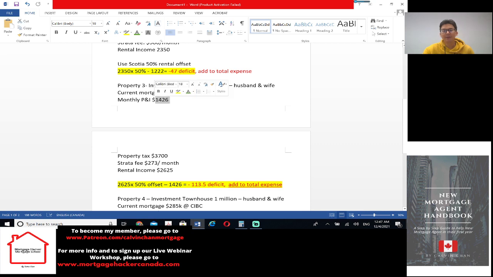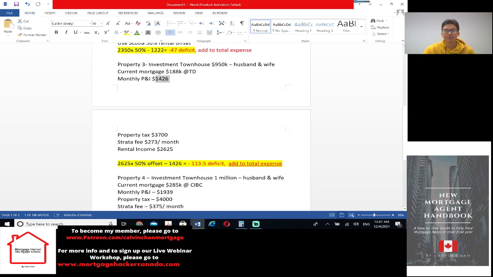So the P&I, the monthly mortgage expense for that existing investment townhouse, is $1,426, right? The rental income is $2,625 per month. Although we have the information here, we are not going to use the property tax and the condo fee for that.